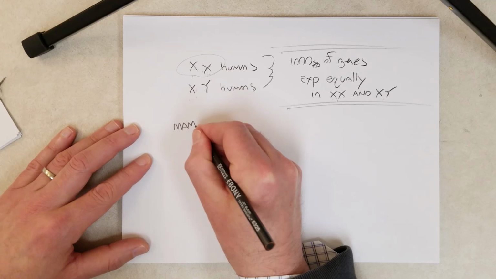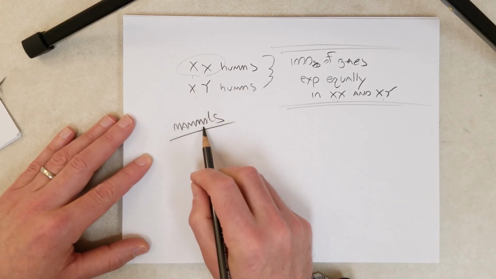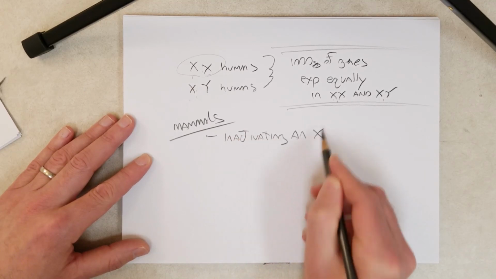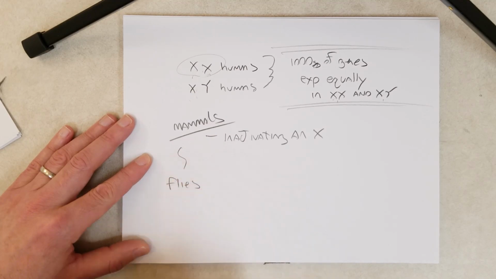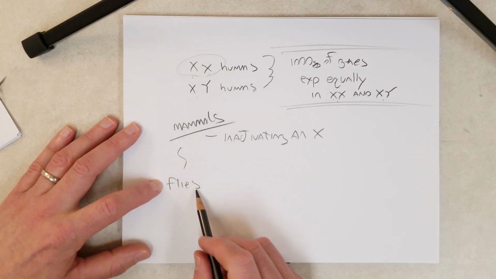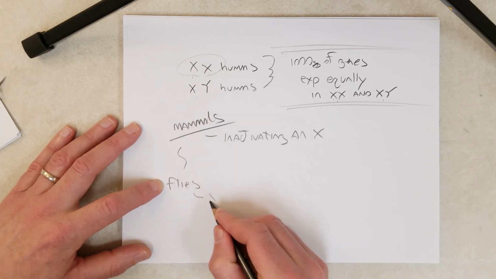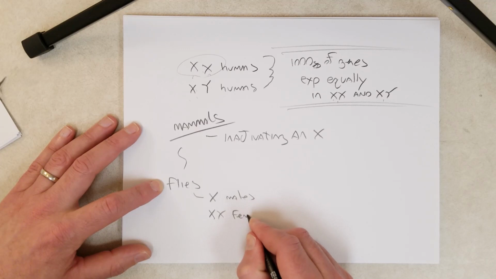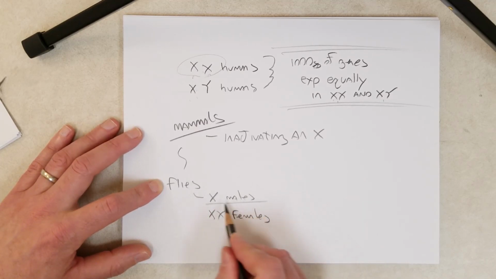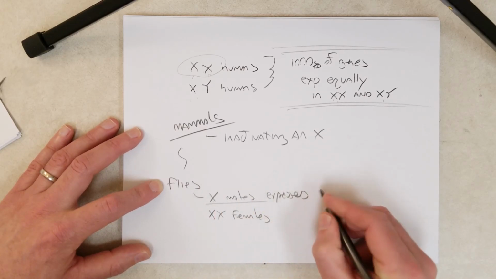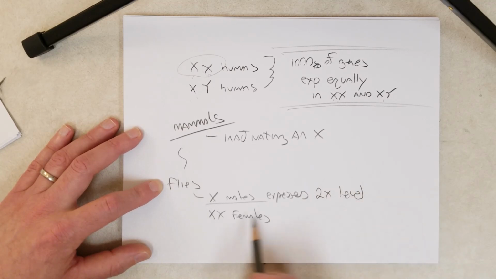So in mammals, this dosage compensation works by inactivating an X. But in other organisms, such as flies, at least for Drosophila melanogaster, which is a model fly used for genetic research, males have one X chromosome, females have two X chromosomes, but the genes on the X chromosome in male flies are expressed at twice the level compared to the expression from a single X chromosome in females.